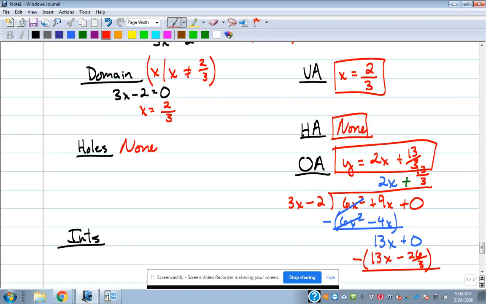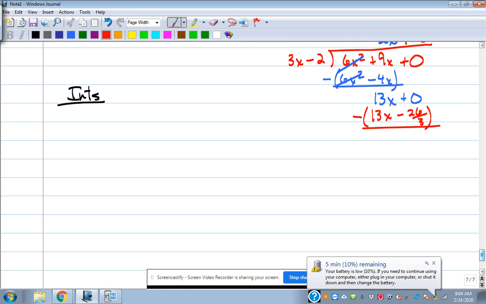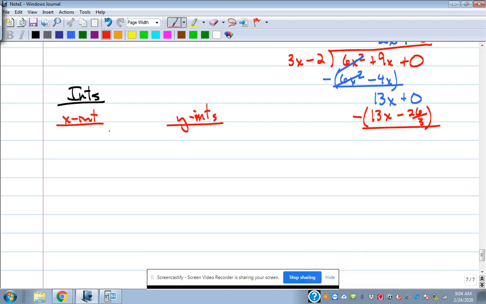Next thing to do, intercepts. We're going to find x-intercepts, y-intercepts, and then we'll have to do the does it cross. So, how do we find x-intercepts? Set the whole thing equal to 0, but the shortcut is that we can just set the numerator equal to 0, because it's always going to cancel out the denominator.